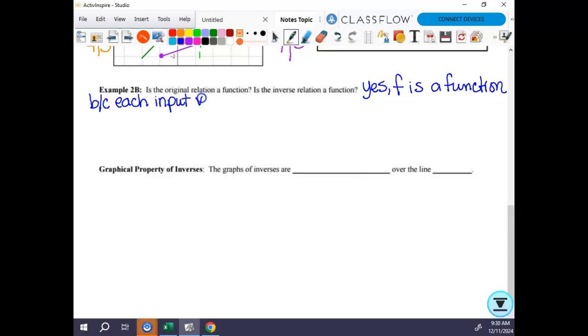Each input value is mapped to a unique output value. Okay? F is a function because each input value is mapped to a unique output value. All right.